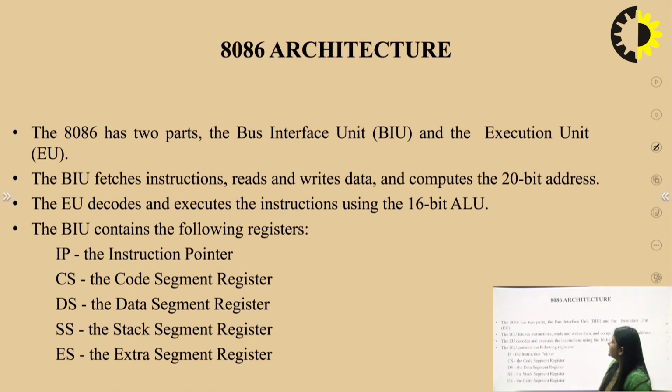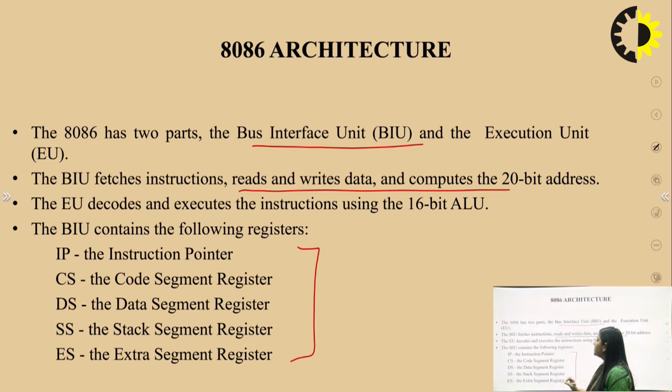So the 8086 has two parts, the bus interface unit and the execution unit. It reads and writes data and computes with a 20-bit address. We'll find out later how the physical address is formed. These are the segment registers: instruction pointer, code segment register, data segment register, stack segment register and extra segment register.